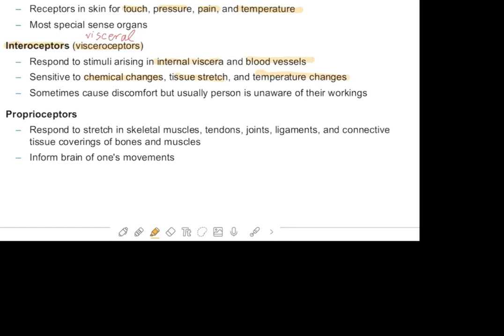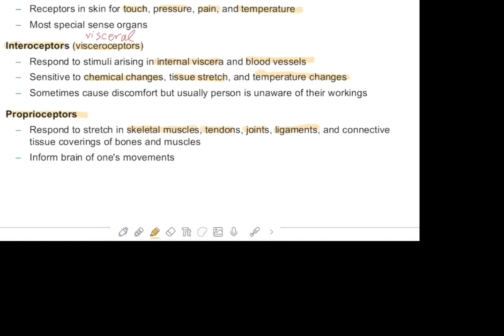And the last one is a proprioceptor. The proprioceptors are always going to be activated, meaning they're always sending afferent information to the brain from either skeletal muscles, tendons, joints, or ligaments about the movements occurring within those specific areas.